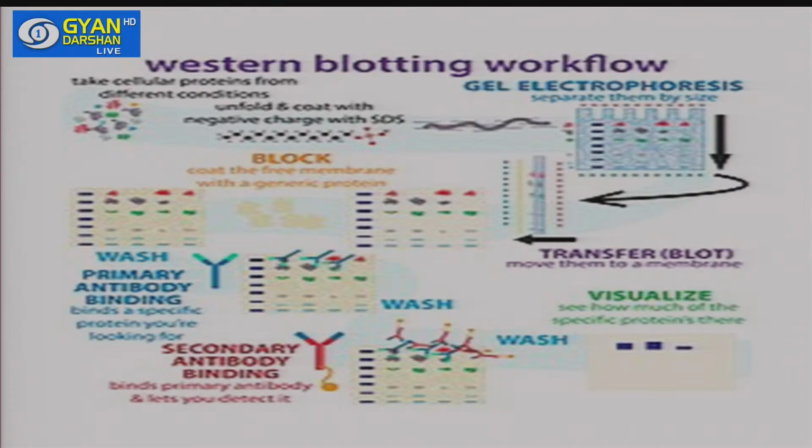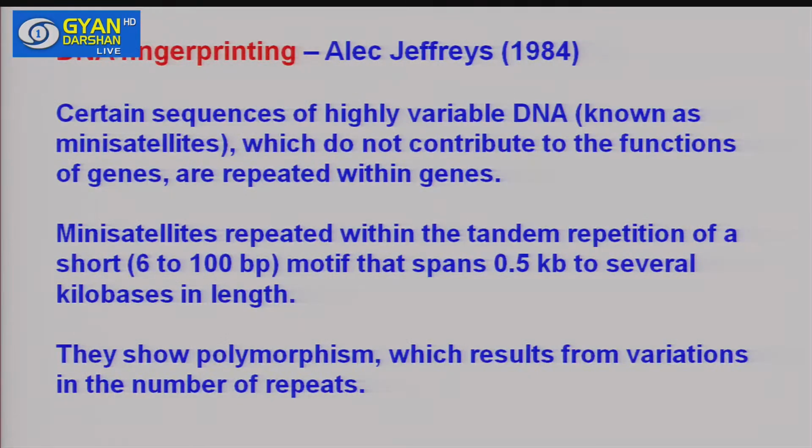So in that way you can find out, even you can compare the expression of protein between different samples, just as you did in northern blot, you can do it here also. So these are the three very important techniques that you use in the analysis of the transgenic plants, and it is almost a routine work in almost all genetic engineering labs, and one has to learn these techniques very properly.